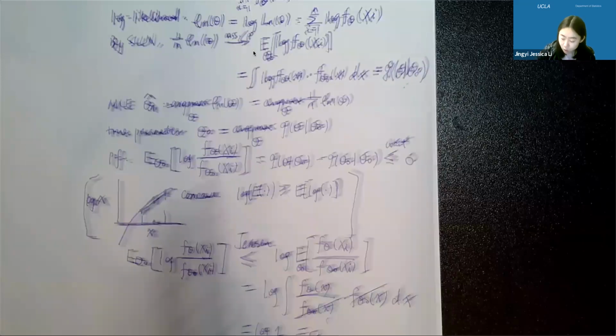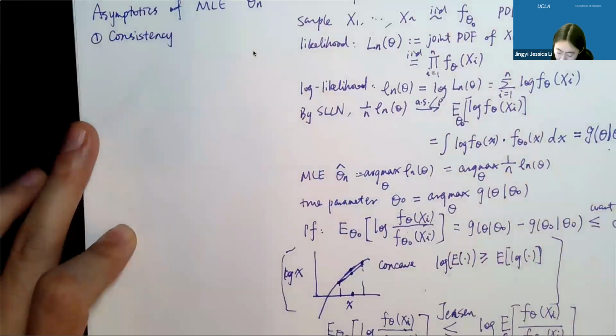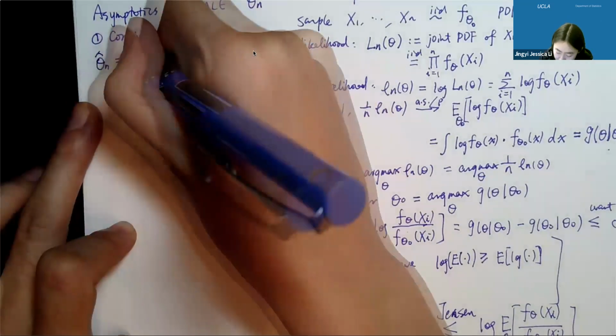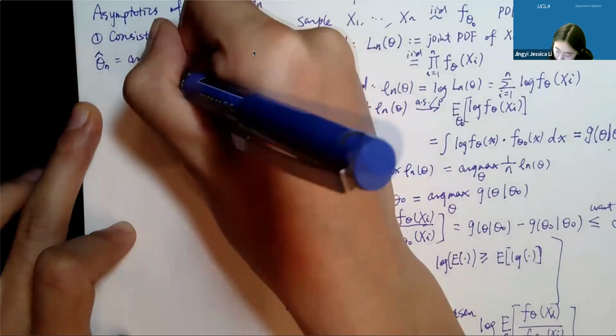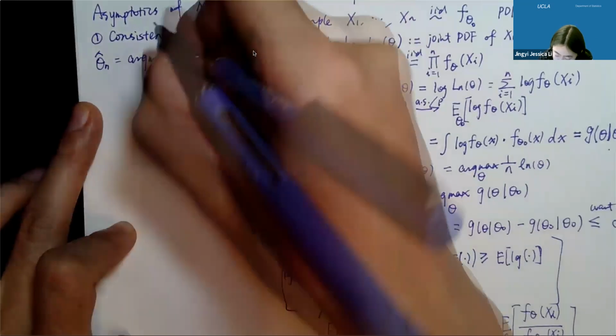Okay, so then the question becomes, coming back to the left-hand side, we have theta hat n, the MLE, is the maximizer of this average, 1 over n.